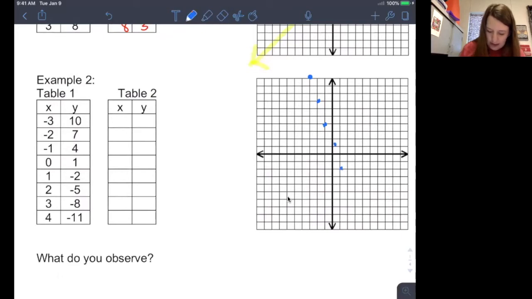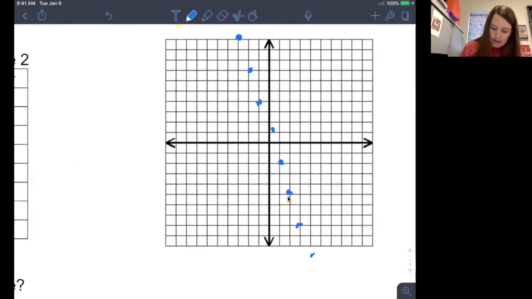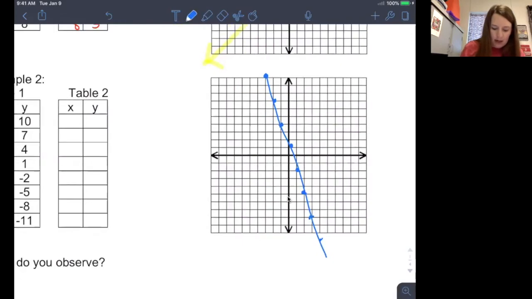So this one looks like it is making a straight line. 2, -5, 3, -8, and 4, -11 right here. So this one, if I connect my dots, straight line, okay? And then we're going to flip-flop our values.